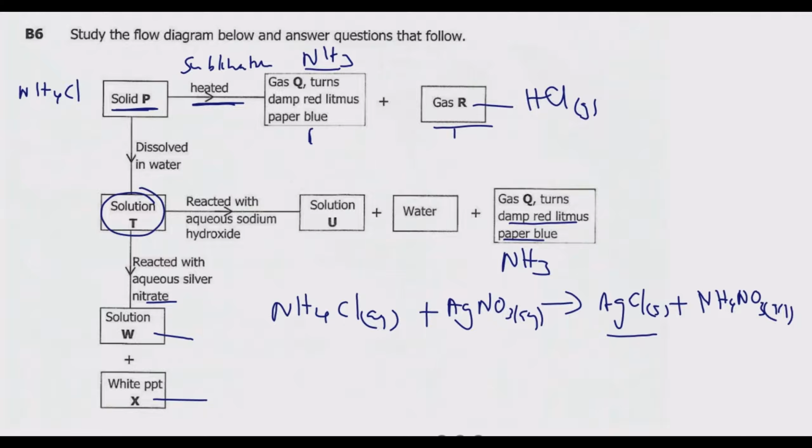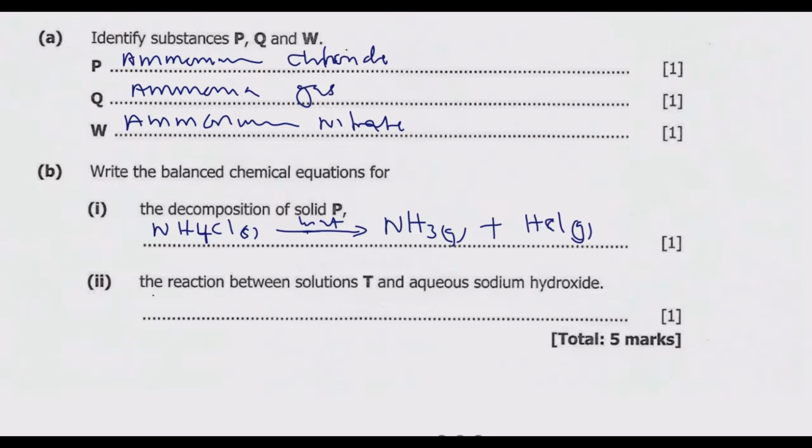When we dissolve ammonium chloride in water, it gives us aqueous ammonium chloride, which is a salt. Then we react it with sodium hydroxide, which is aqueous.